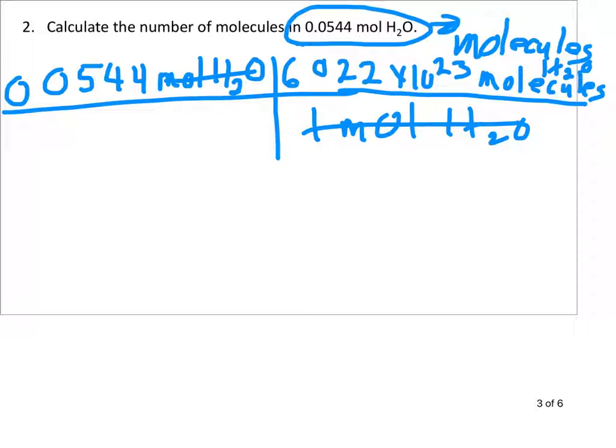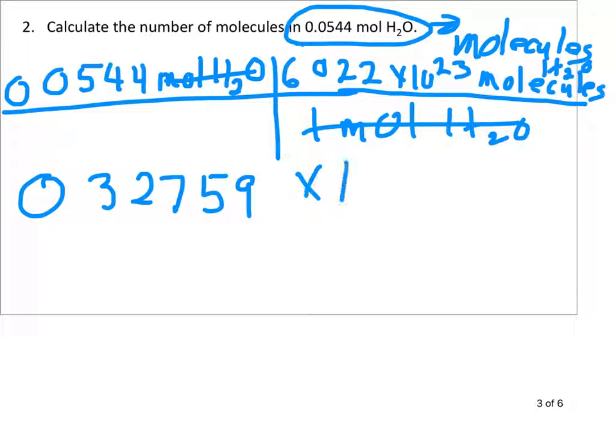Moles divide out moles. Once again we multiply, this time taking a coefficient 0.0544 times the 6.022, and we get 0.32759 for the first few digits times 10 to the 23rd.